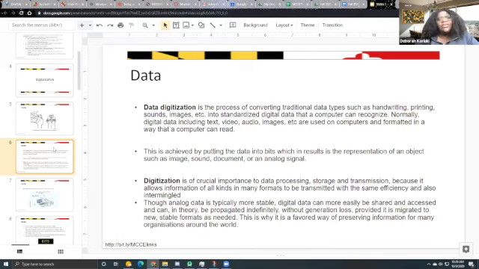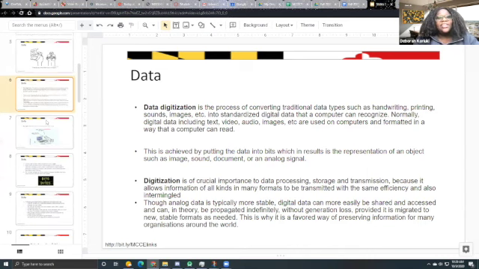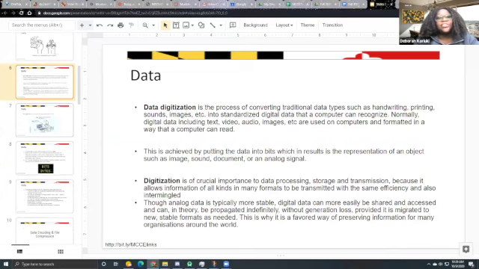And normally, digital data includes text, video, audio, images, anything else, you know, even those funny characters on your stuff, each that can be used on computers, and it's formatted in such a way that computer can read it in zeros and ones, as we know. This is achieved by putting the data into bits, which in result is representation of an object, an image, sound, document, or any analog signal.